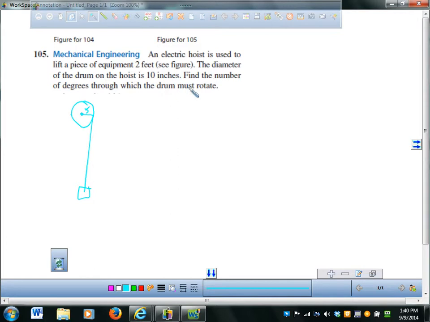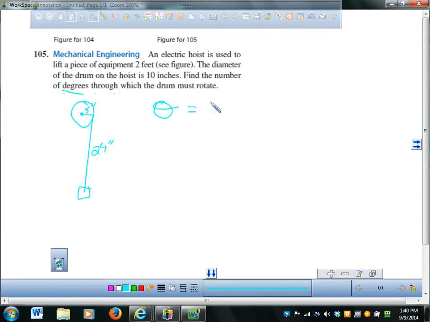The drum must rotate to lift a piece of equipment that is 2 feet, which is 24 inches, okay? So this is 24 inches. This is 5 inches. We're going to use the formula, find the number of degrees. So even though they're asking for degrees, we're going to find theta first in radians.